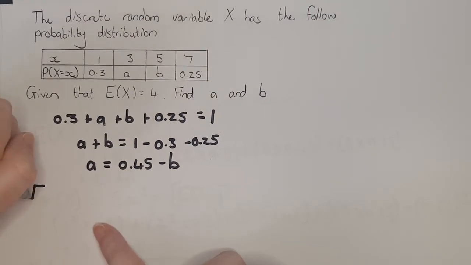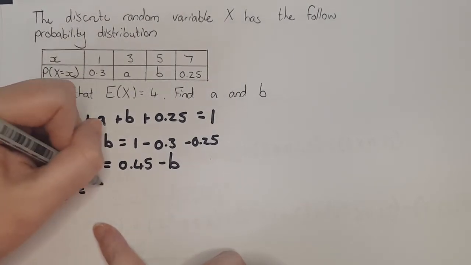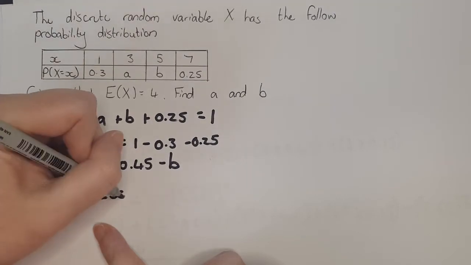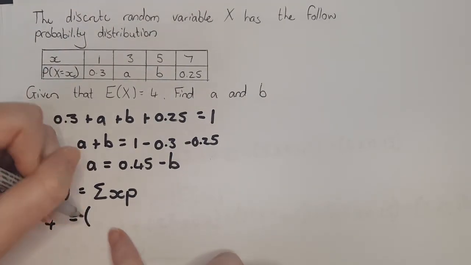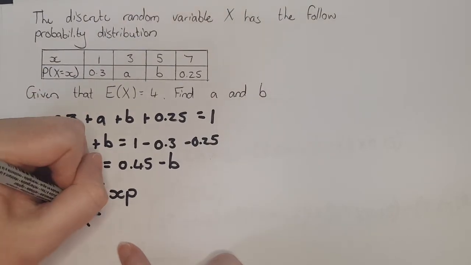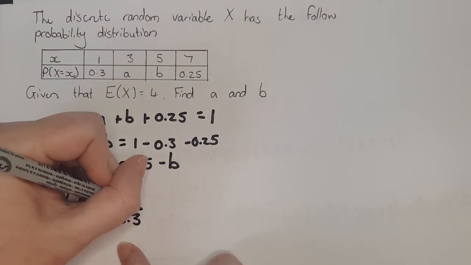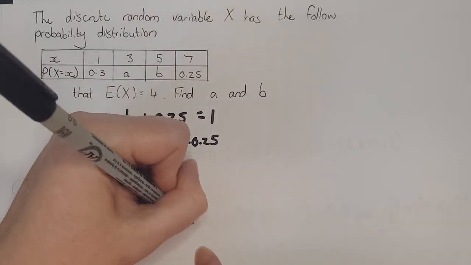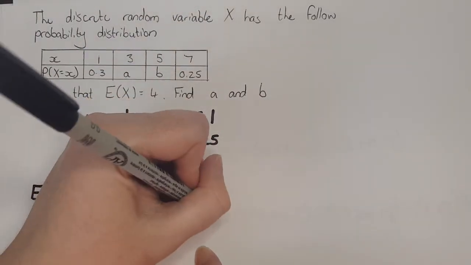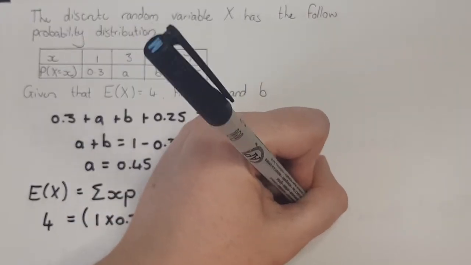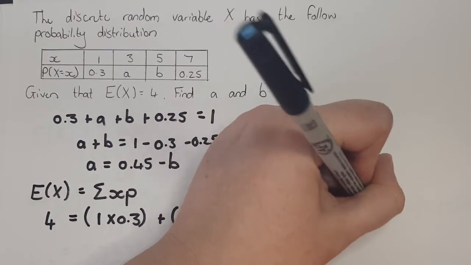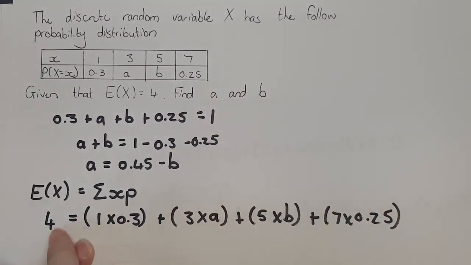Now my second bit of information is the expectation equals 4. I know the formula for expectation is the sum of each X times its probability. So I'm given the expectation as 4, and I can say that equals each X times its probability, so 1 times 0.3, plus 3 times A, plus 5 times B, plus 7 times 0.25. Now I have another equation with A and B in it.